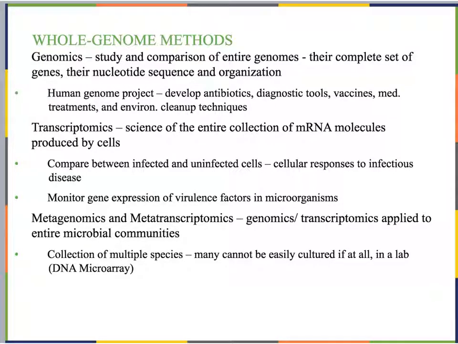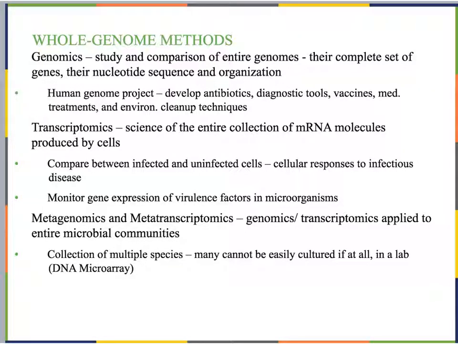Or diagnostic tools, things that allow us to determine illness, and now that we know our DNA, we can do that better. Or vaccines, or different medical treatments, or environmental cleanup techniques, so we can determine how to clean up the environment based on the information from the genomes.